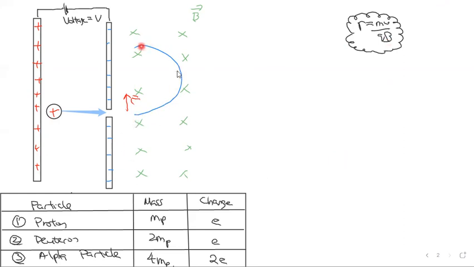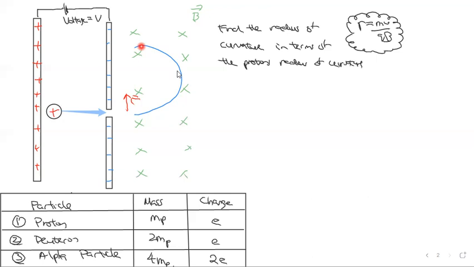What we want to do is find the radius of curvature of each particle relative to the proton's radius of curvature. In other words, we understand they'll all go through some sort of circular motion, and we'll create a new column for the radius.